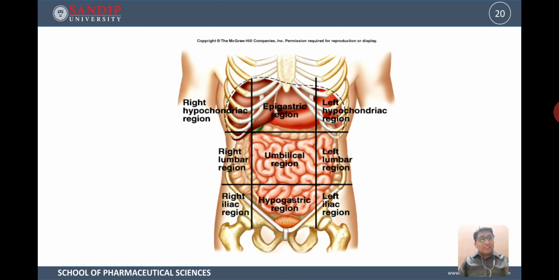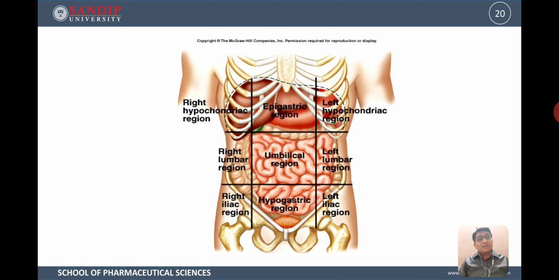This figure is only for your demonstration. When we take these sections, the same sections you can observe in your body also. Right, left. Then the transverse, coronal, cross section, oblique section and longitudinal sections.